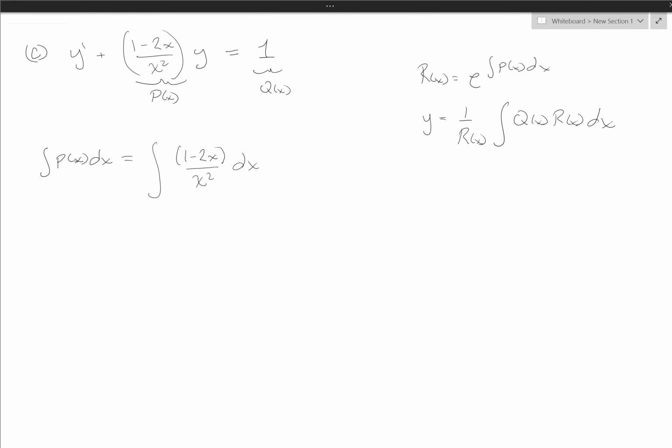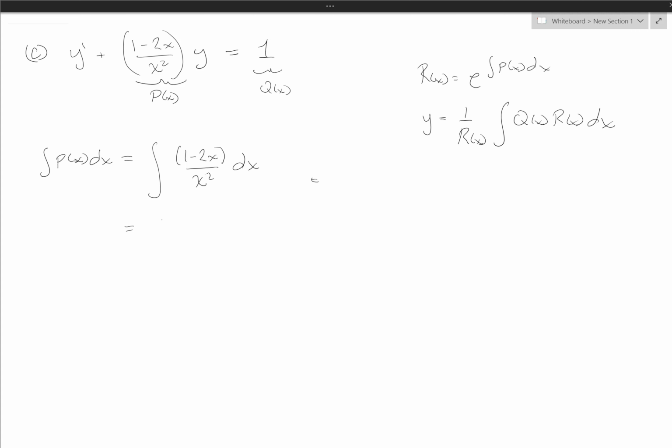Now, we're fortunate that the numerator looks like the derivative of the denominator. So if we were to say, we're going to use u substitution. So let u equal, well, we could do that. Actually, here, let's do this first. Let's make this equation a little bit, we'll separate it out into two parts.